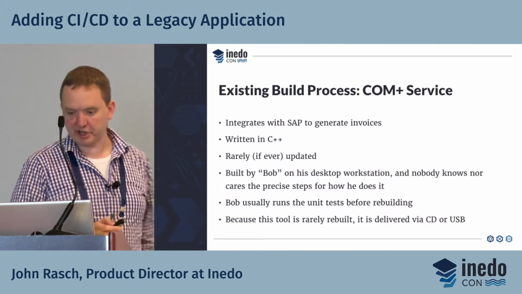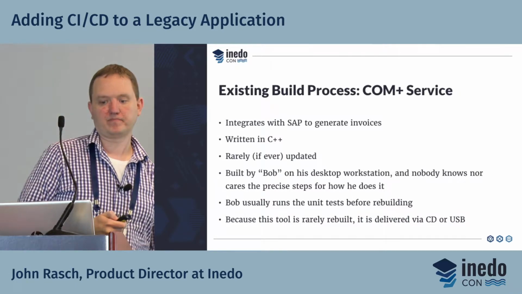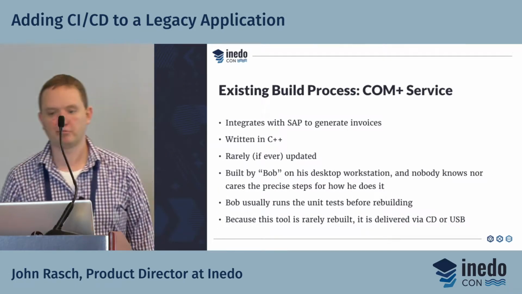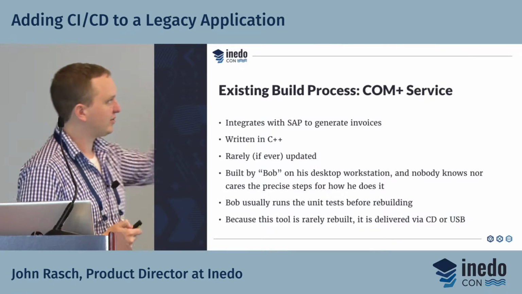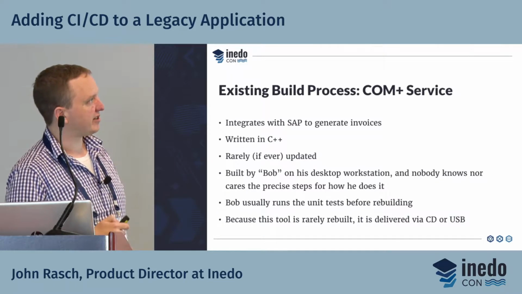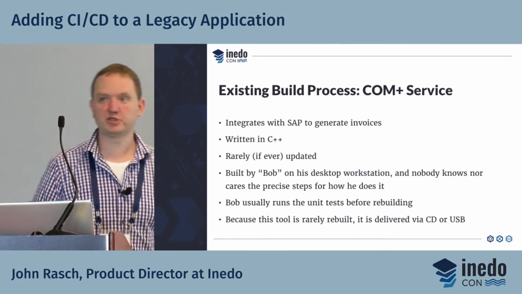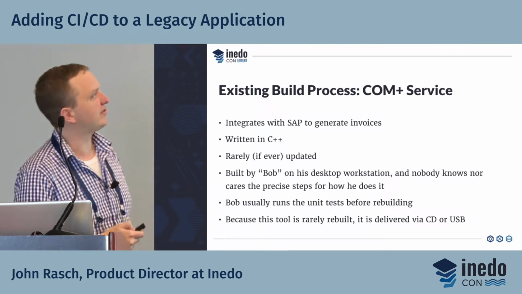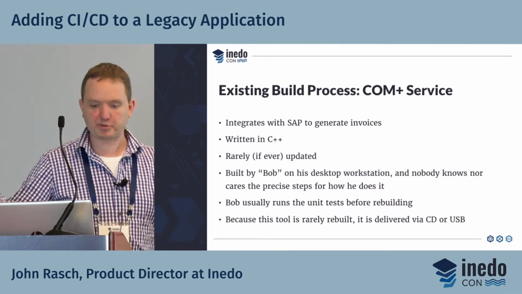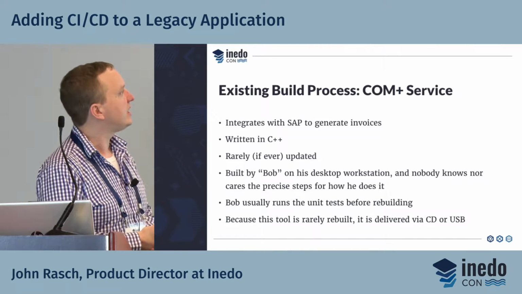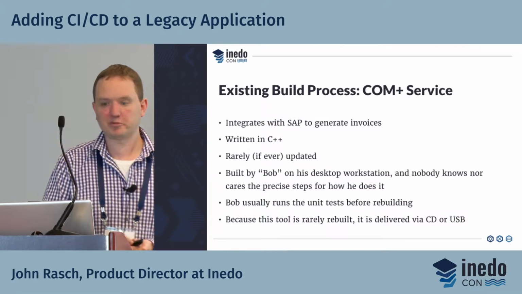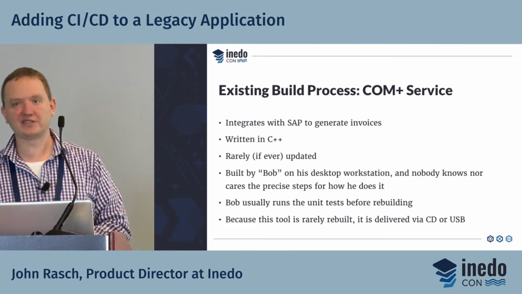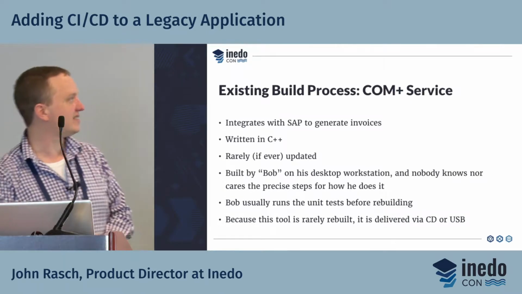So on to build automation. The existing build process for this Com Plus service, as we know, is the one that integrates with SAP to generate invoices. It's written in C++, so we know we have to use some kind of Microsoft MSBuild type compiler for it. It's rarely, if ever, updated. That's kind of a common thing when it comes to legacy.